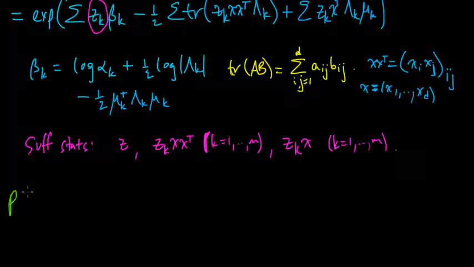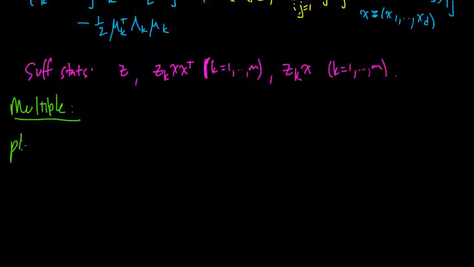Now it's multiple. The probability of all of these, let's say there are n of them, x's and z's, the complete likelihood, depends on theta.